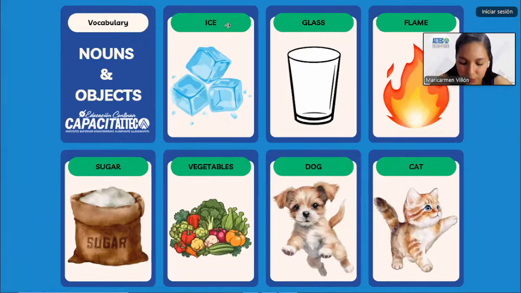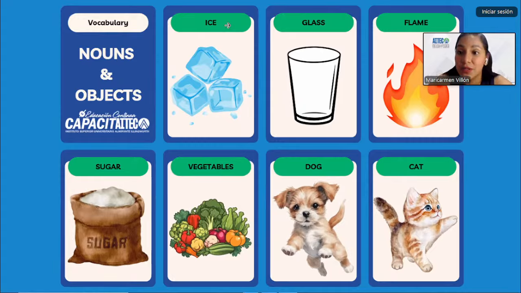Es un vasito, ¿no? De vidrio. We got flame. Repeat, flame. Flame. That's llama. We got sugar. Very easy, that one. Sugar, you know what it is.